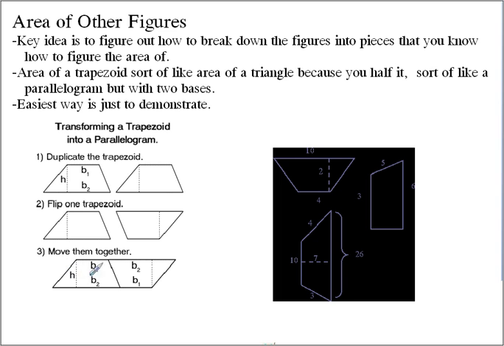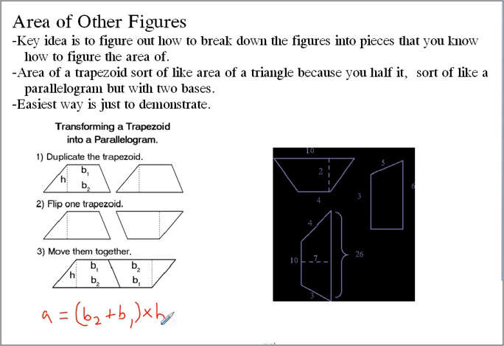So the area is going to be base 2 plus base 1. You add those two together, then multiply that times the height, and now you get the area of this entire big parallelogram.